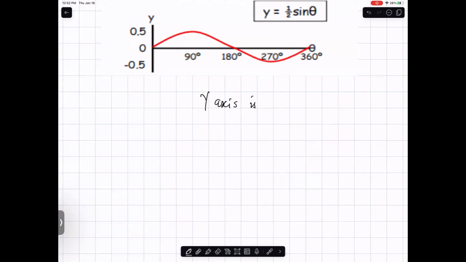So your y-axis is affected directly by multiplying sine theta with any value. So this is transformation of trigonometric graphs of sine theta by multiplying sine theta with any given value. It affects our y-axis.